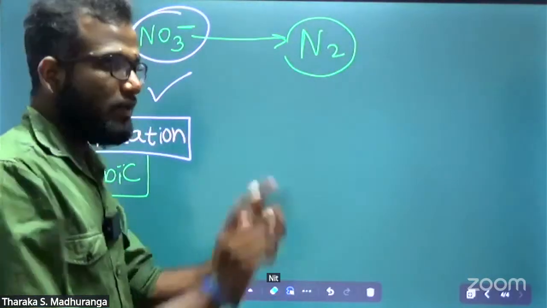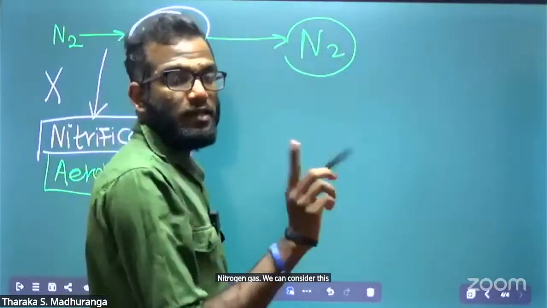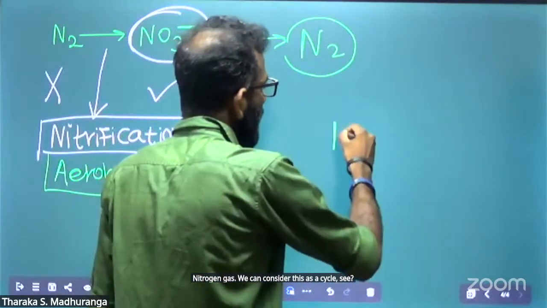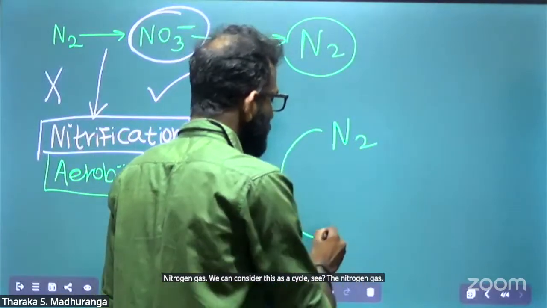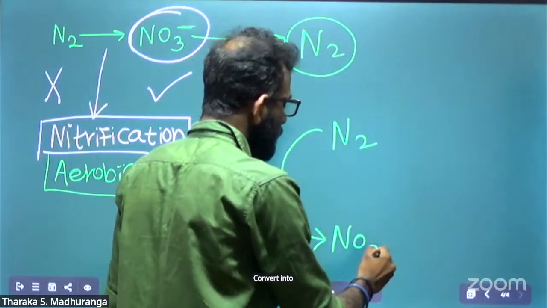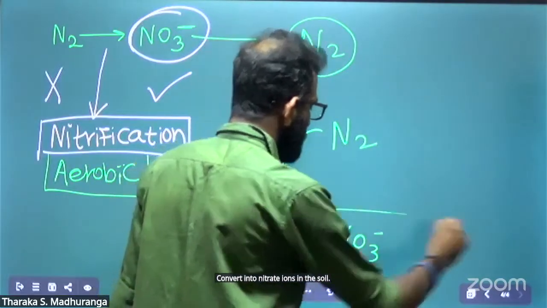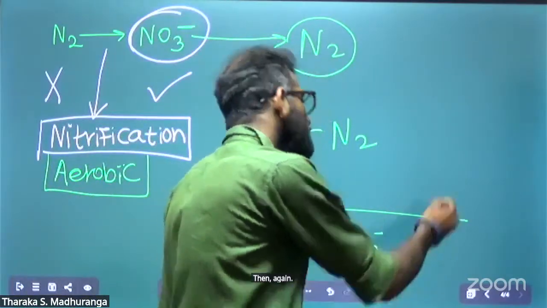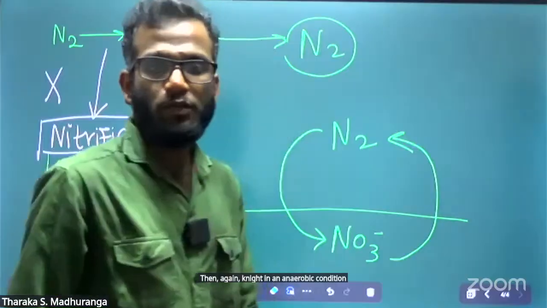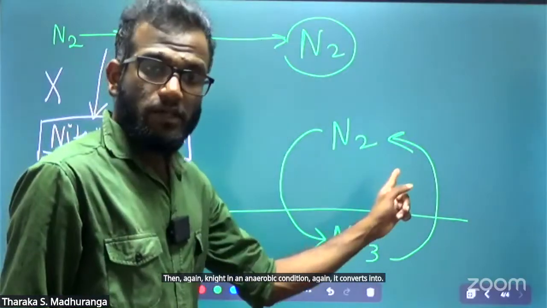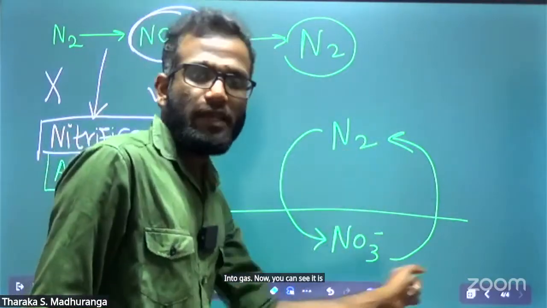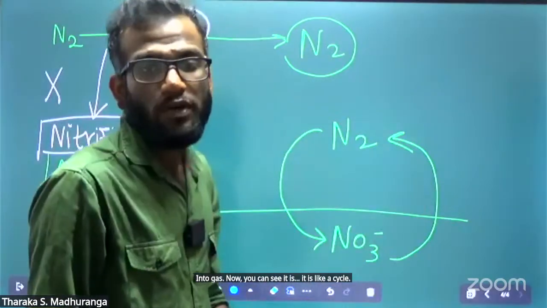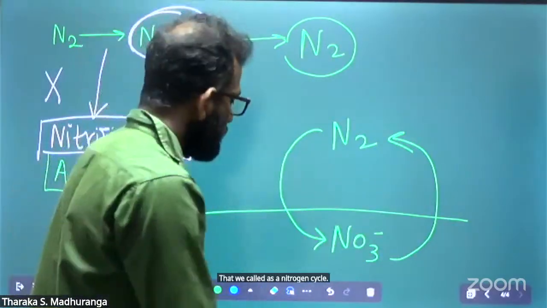Nitrogen gas. We can consider this as a cycle. See, the nitrogen gas converts into nitrate ions in the soil. Then again, in an anaerobic condition, it converts into N2 gas. Now you can see it is like a cycle that we call the nitrogen cycle.